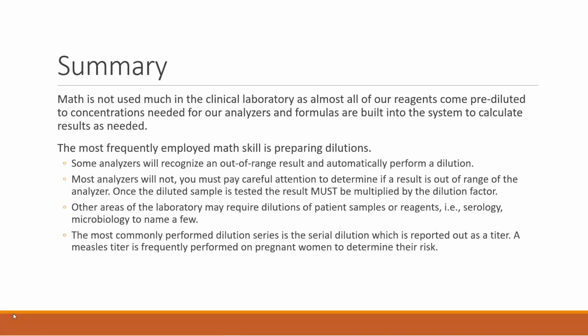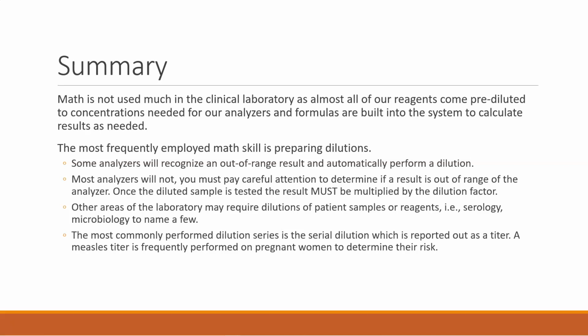In summary, you are very fortunate because math is not used much in the clinical laboratory, as almost all of our reagents come pre-diluted to concentrations needed for our analyzers, and formulas are built into the system to calculate results as needed. The most frequently employed math skill is preparing dilutions.